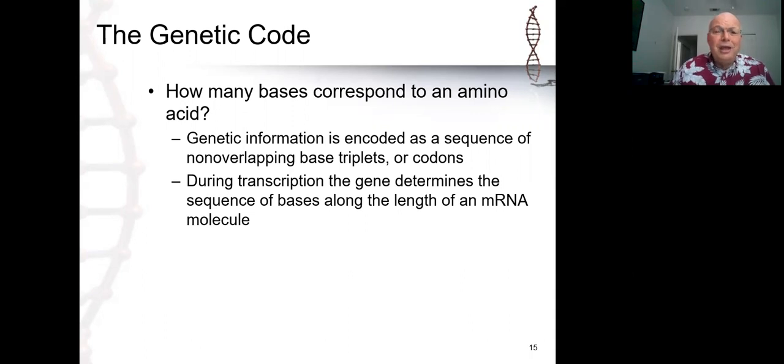And what they got was a polypeptide that contained just phenylalanine, which meant UUU must mean phenylalanine.